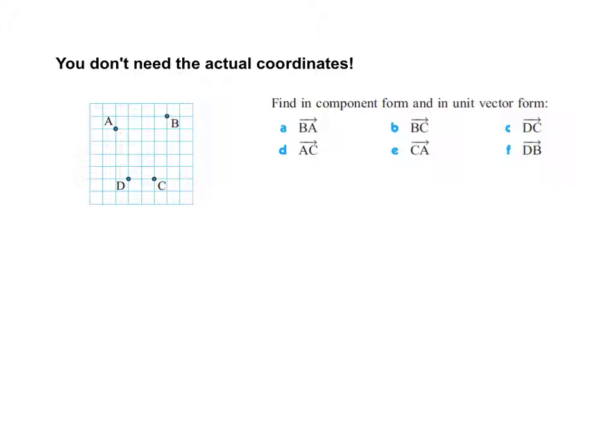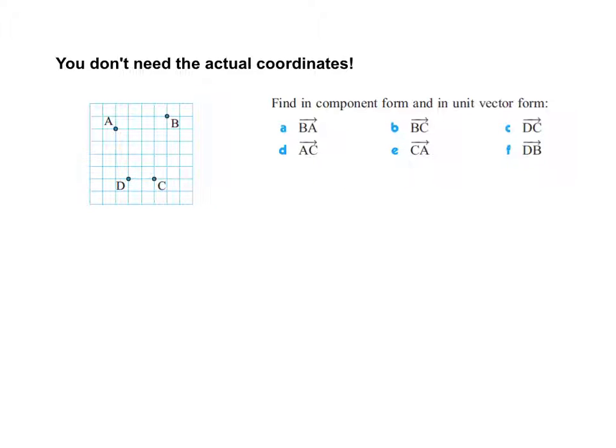So here's the cool thing about component vectors. I know I told you that if we have a coordinate plane, we can write a point as a vector from the origin to that location. But the cool thing about this is that we actually don't have to have coordinates. We just have to have a set unit of measure to make coordinates of.